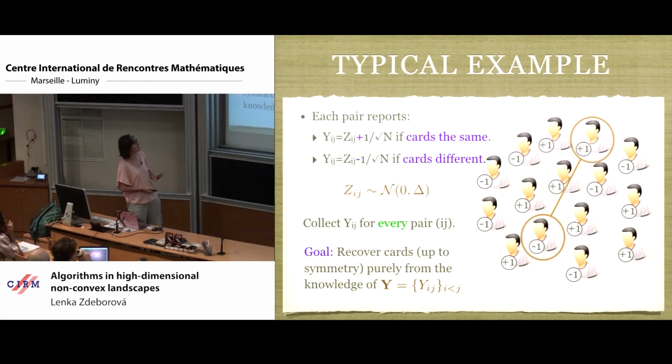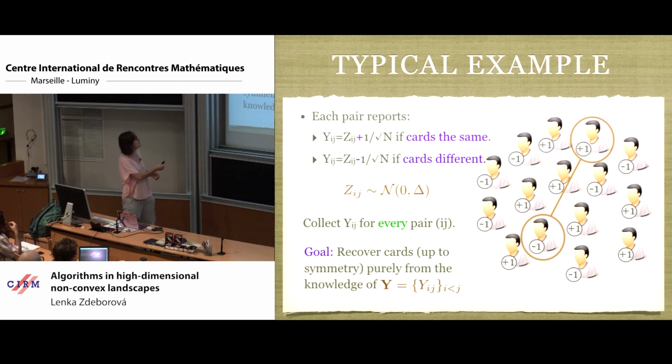Not familiar with this. Okay, here I am. I thought there was a pointer. Yes, this is a pointer. I tell them to generate a random Gaussian number with 0 mean and variance capital delta, and give me this number plus 1 over square root of n, where n is the number of people, if their cards are the same, and minus 1 over square root of n if their cards are different.